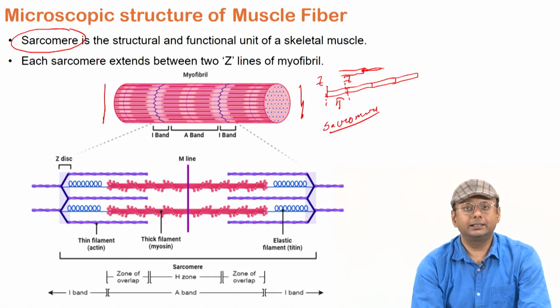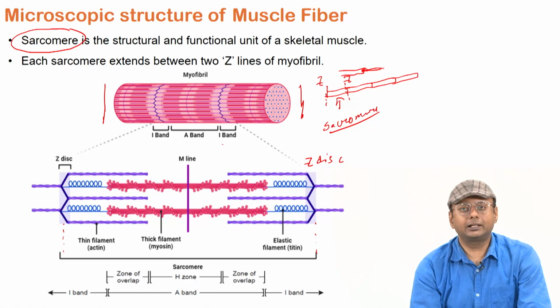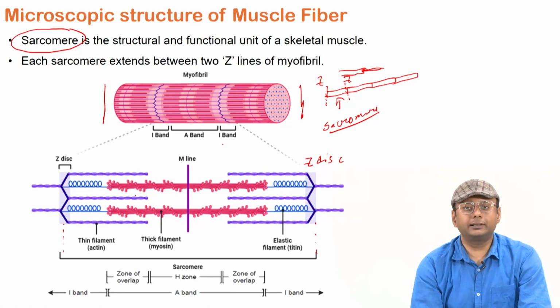You can see here these are the Z line or the Z disc, and exactly in between we have one sarcomere unit. In the sarcomere you can see both thick and thin filaments.